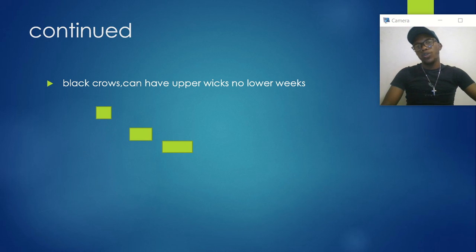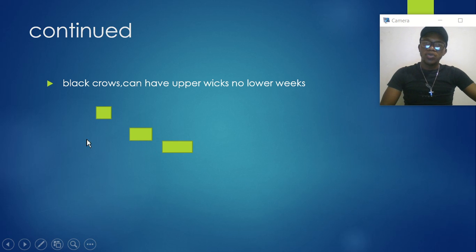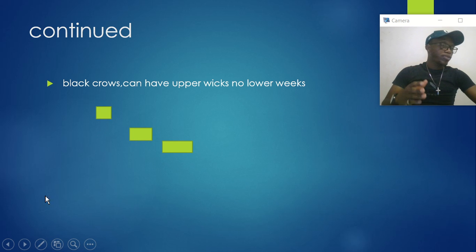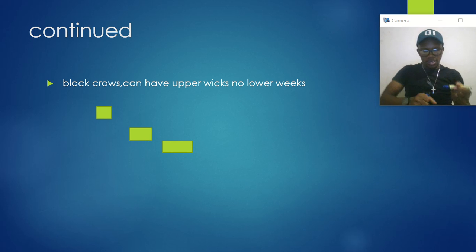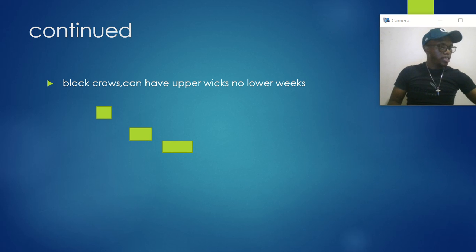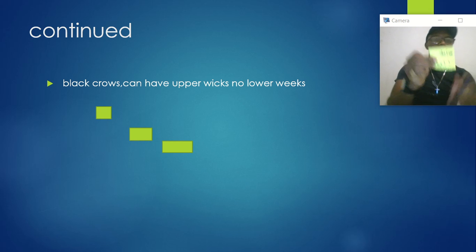There is also what you call the three black crows. They can also have upper wicks, but here there should be no wicks. Not weeks as in the days of the week, but wick, like this.